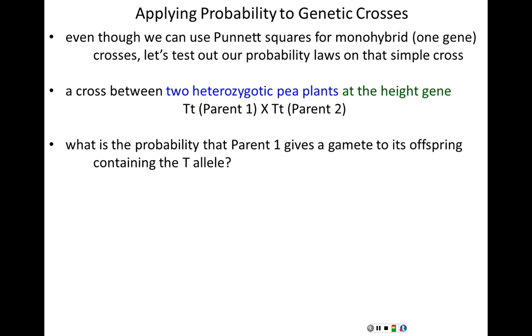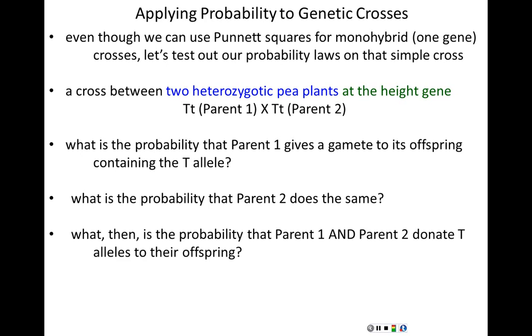Well, we have two possible events, either the dominant allele or the recessive allele. And this parent's giving one of those two events, so it's the same as a coin flip. Probability is 1/2. What's the probability that parent 2 also gives her dominant T allele? Well, it's the same question. She has two to give, they're different, and only one of them is dominant, so it's 1/2.